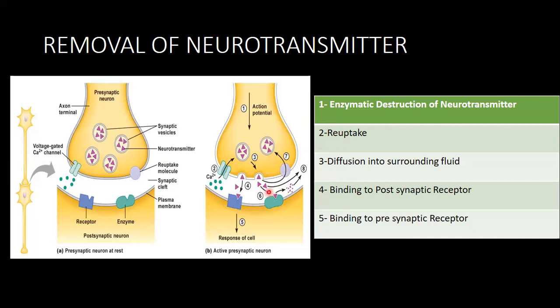So reuptake means transport of the neurotransmitter from the synaptic cleft into the cytoplasm. Then we have diffusion into the surrounding fluid. The neurotransmitter has already gone into the cytoplasm, and then it binds with our postsynaptic and presynaptic receptors. So that's the complete removal process.